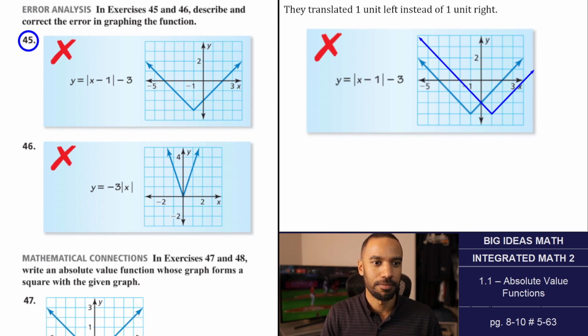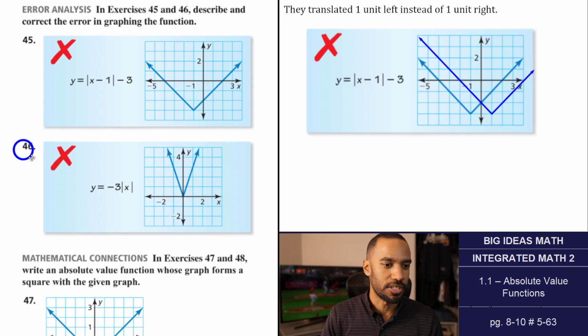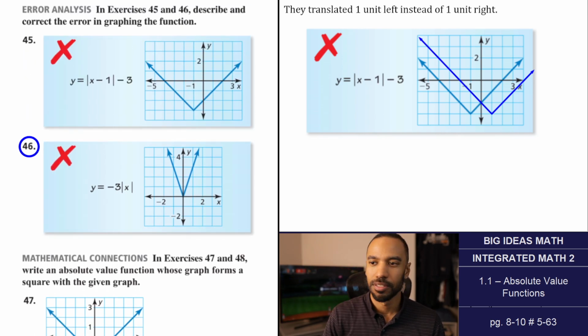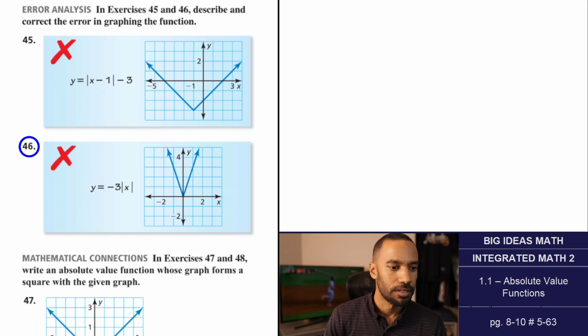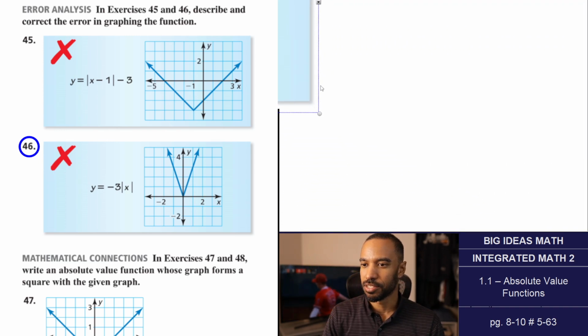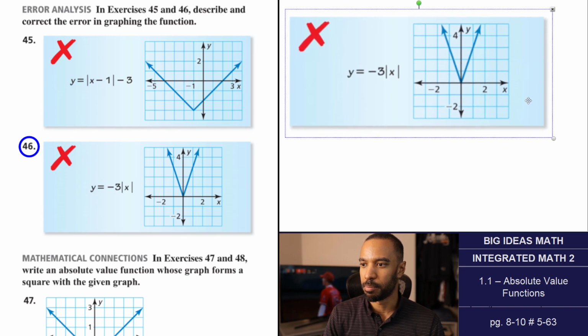That's number 45. Number 46. Can you see the error in their ways? They did not reflect over the x-axis. This graph is right side up. It should be upside down.